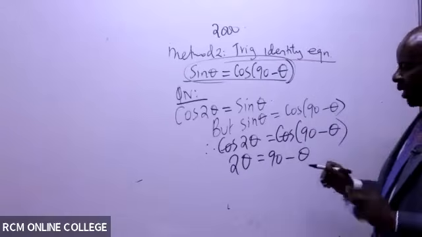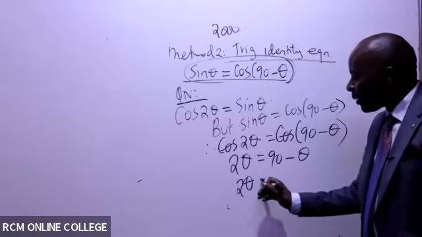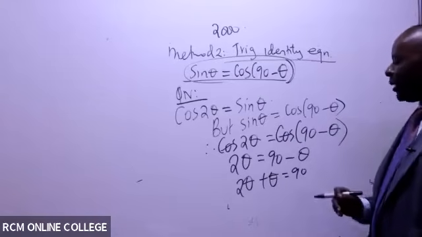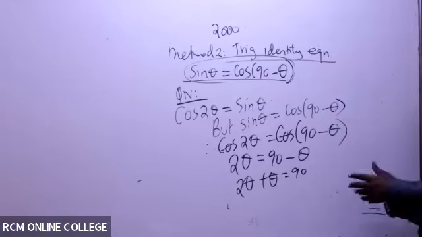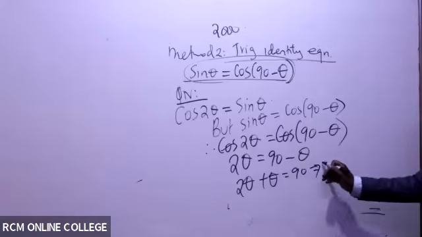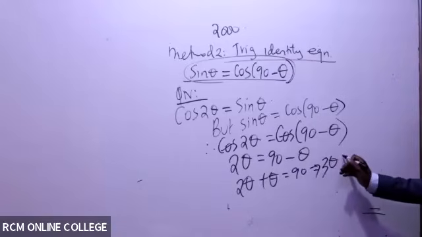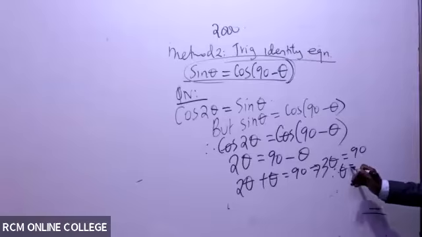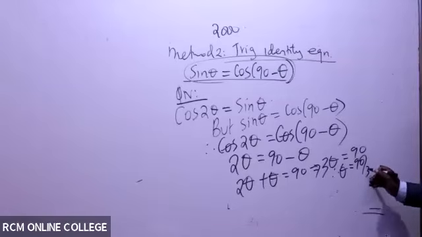So we have 2 theta plus theta equals 90 degrees. So 2 theta plus theta gives me 3 theta equals 90, implying that theta will be 90 over 3, which will give me 30 degrees.